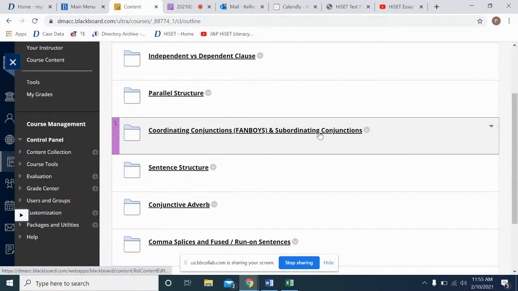Okay, so subordinating conjunctions, this is going to be a little bit more of a preview, which we will follow up on in a later class lesson, but I want for you to still get a little bit of exposure to subordinating conjunctions. So if you come to this third lesson down, then that's where you can find the lesson on coordinating conjunctions.